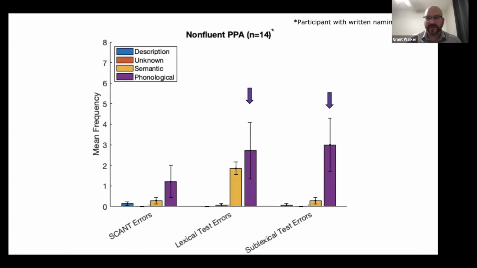But that's with everybody. When we look at these specific groups, remember we expected differences in the sensitivity and the types of errors that they would make. So for non-fluent, regardless of the type of items, they're making mostly phonological errors. We do get this successful manipulation where they make more semantic errors on one versus the other, but despite that, as a group level analysis, they're making more phonological errors.